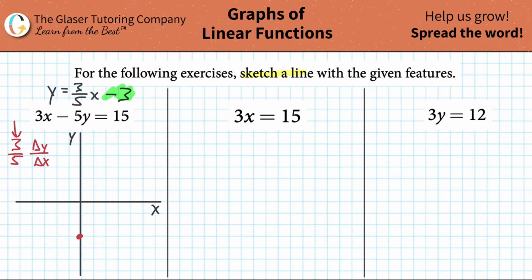Even though it's happening simultaneously, we can do it one at a time. So we move up 3 units on the y, and then over 5 units in the x. So here's the point. Plot it, and you're done.